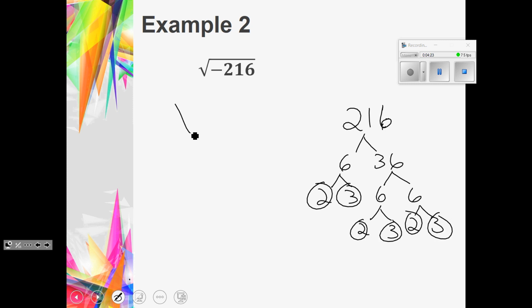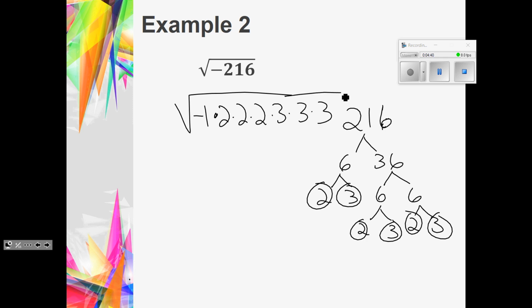So when I put it under the radical, I'm going to make my negative a -1. And then I've got three 2's and three 3's. I'm going to circle groups of 2 because it's a square root.